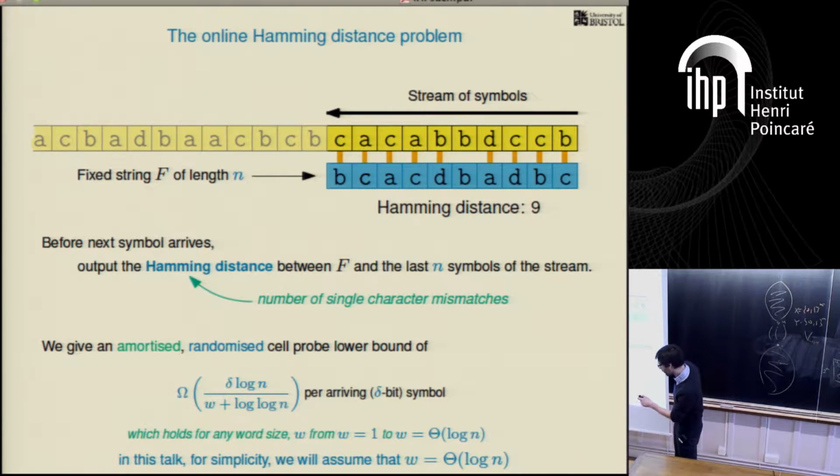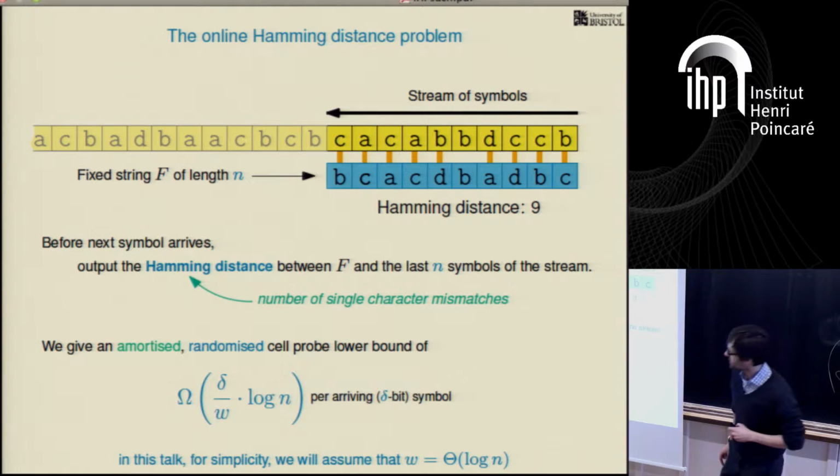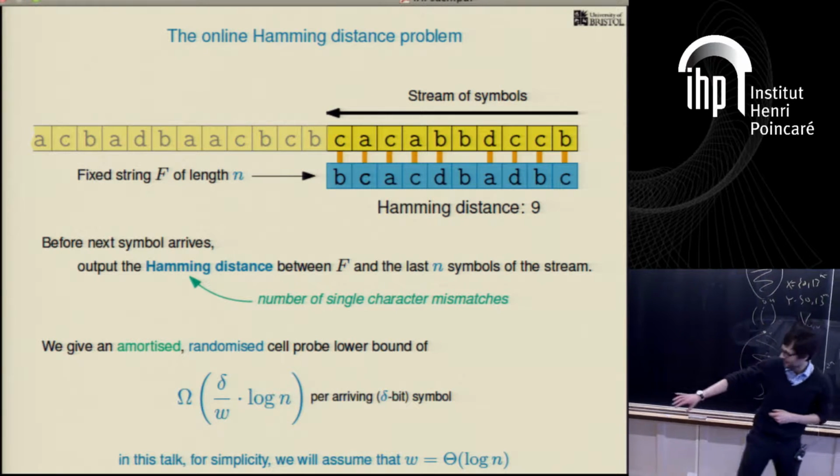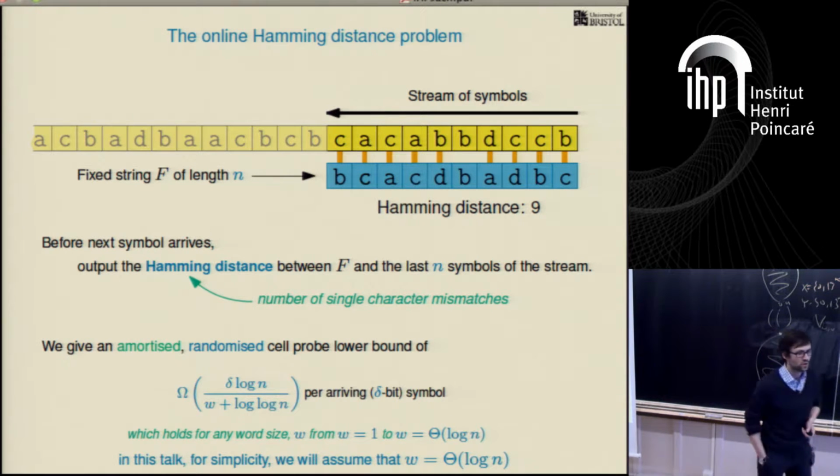In this talk, for simplicity, we're going to assume that W, the word size of the computer, is log n. This is the natural assumption that's most commonly made in theory. In that case, the bound simplifies to this. I'm only actually going to talk about this result because it's simpler, but you can handle all different sizes of words.